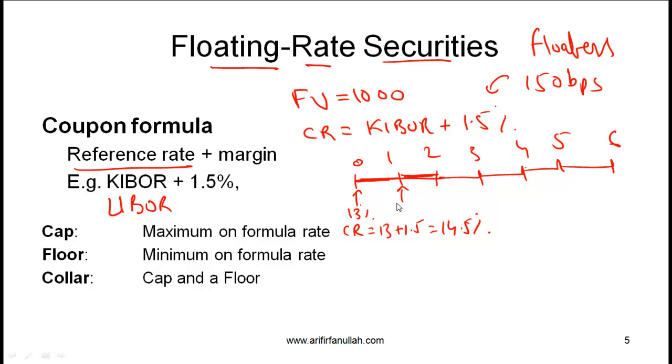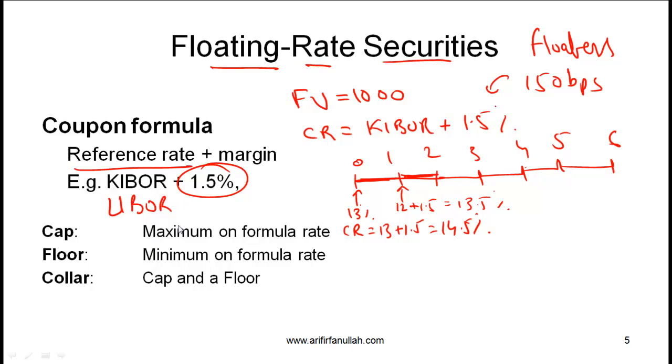Let's say KIBOR has gone down to 12%, then the coupon rate would be 12% plus 1.5, which is 13.5%, and so on. So in essence, the coupon payment for every period is determined by the floating rate or the benchmark rate at the beginning of the period, plus whatever spread we have over that benchmark rate.